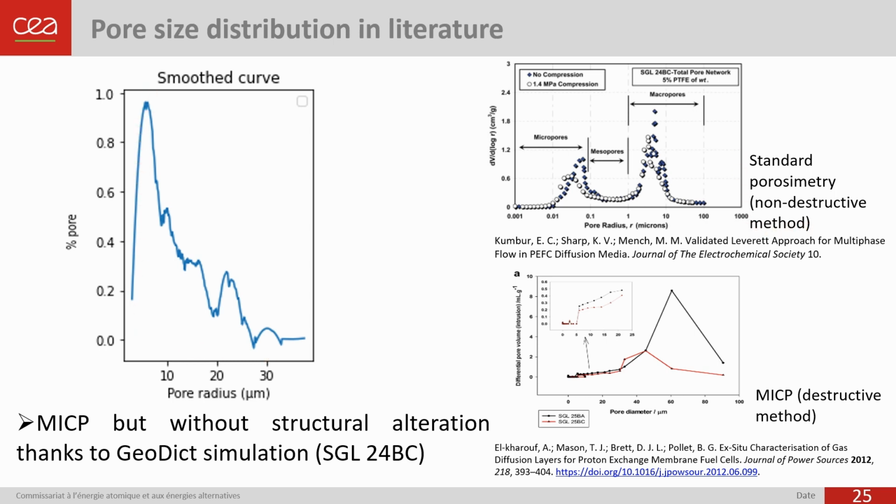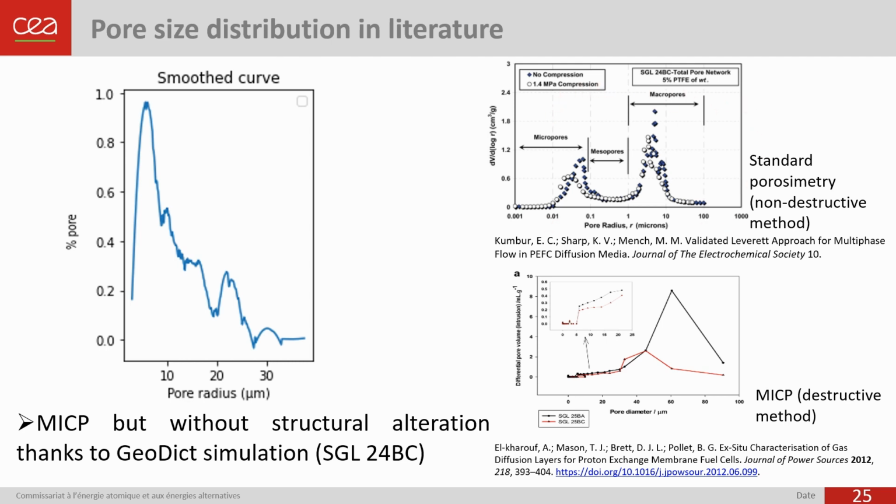Whereas when we compare with a real experiment of mercury intrusion, done by these people, the radius of the pores they obtain is between 20 to 40 micrometers, because here it is in diameter, but it is still at least 2 times higher than the values obtained with GeoDict or with a non-destructive method.